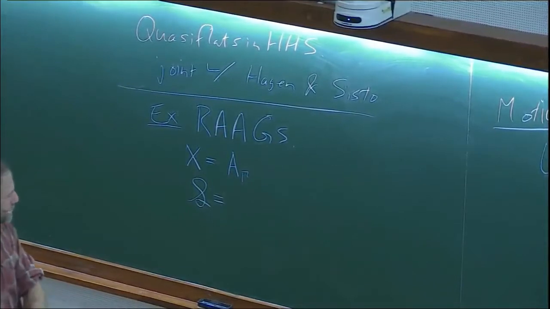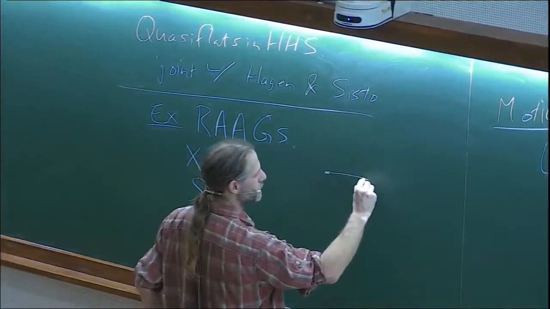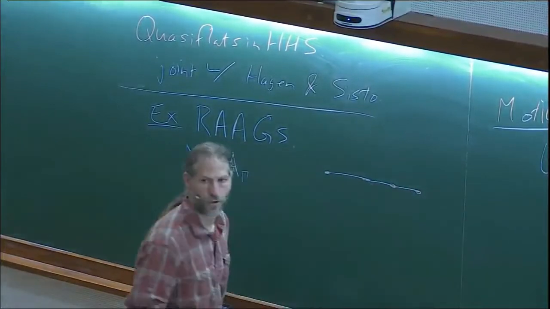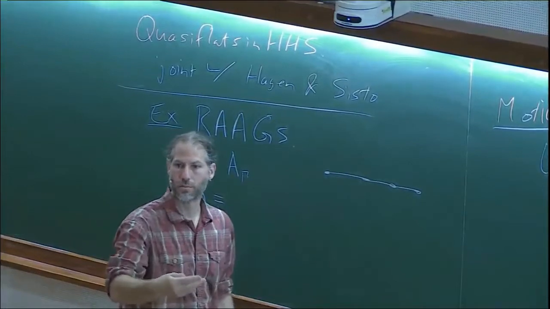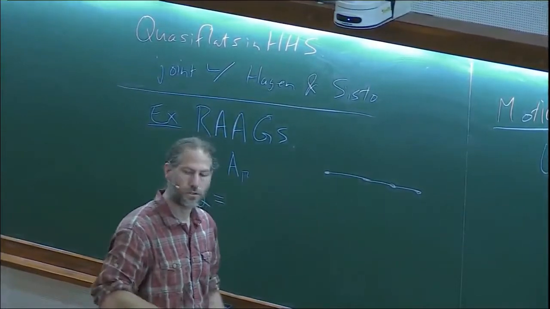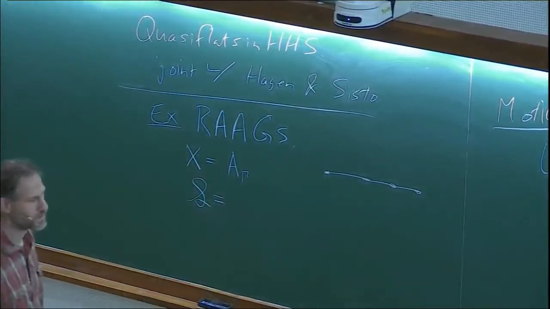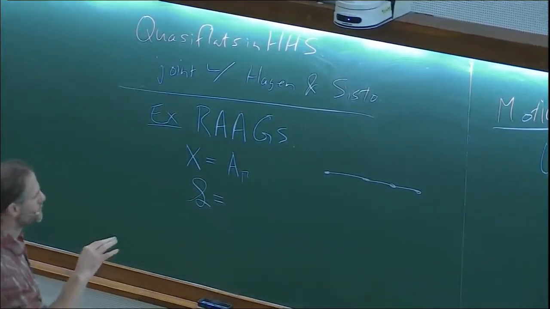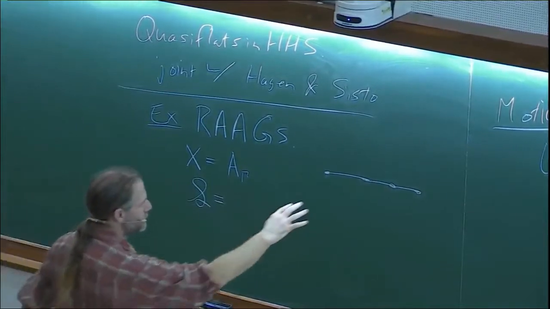So gamma was some graph. Given some subgraph of gamma, you could look at the Artin group associated to that subgraph, or you could look at cosets of those. Those are the indices: cosets of sub-RAAGs that you get by looking at a subset of the defining graph.